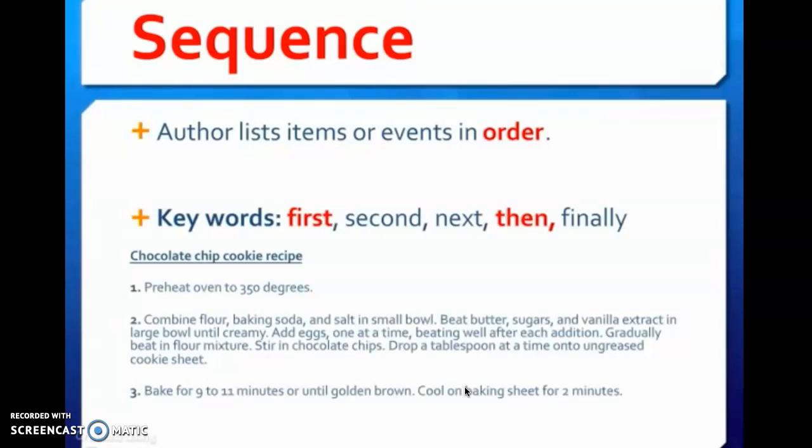Recipes are organized into sequence. Look at this recipe. The first direction tells you to preheat the oven. The second direction tells you how to put all the ingredients together and what order you should put these ingredients for the best cookies. And then the third is how long you bake it. So all of these facts have to be in a certain order. You can't bake the cookies and then combine the flour and baking soda. So this is a sequential order, or an example of a text feature with sequence.